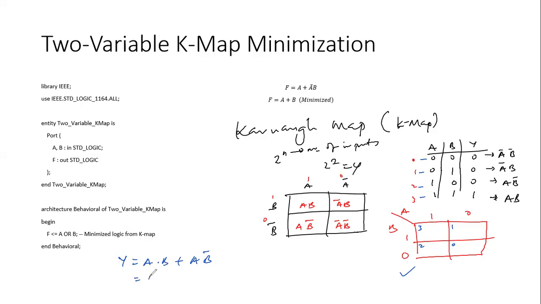Now, this reduces to a into bracket b plus b bar. So we already know based on the theorems that b plus b bar is the same as 1.